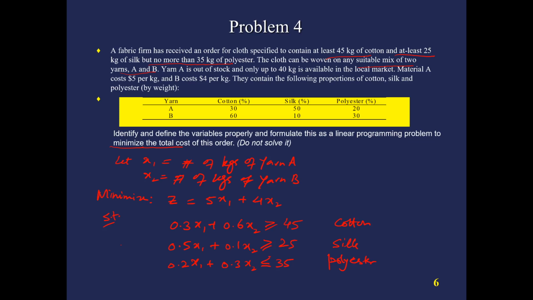And then we have one more constraint. It says that yarn A is out of stock and only up to 40 kilogram is available in the local market. Yarn A is x1 and it should be less or equal to 40 kg. So this is the material constraint, we can say.